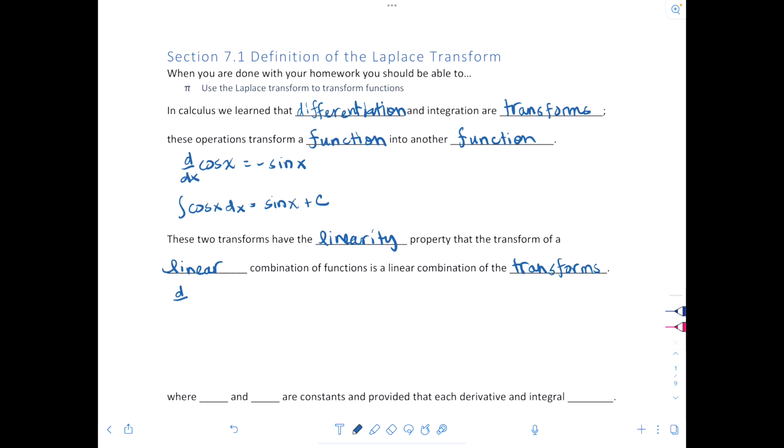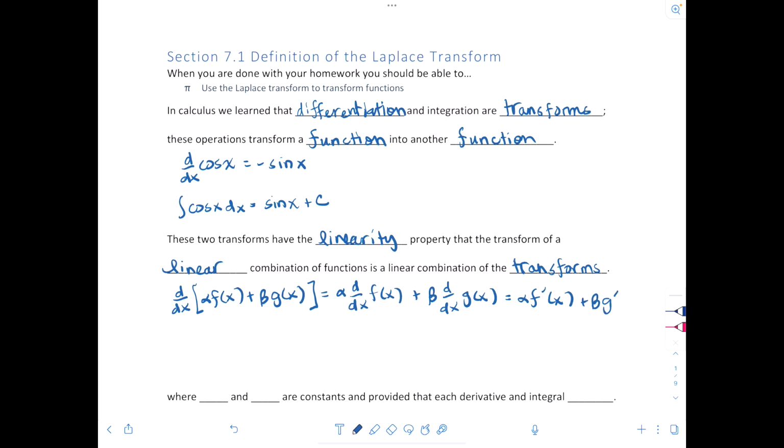So if you have the derivative with respect to x of some alpha times f of x plus beta times some g of x, that would equal, using the constant multiple rule and the derivative of a sum is the sum of the derivatives, alpha times d/dx of f of x plus beta times d/dx of g of x. And sorry, these would then be alpha times f prime of x plus beta times g prime of x.